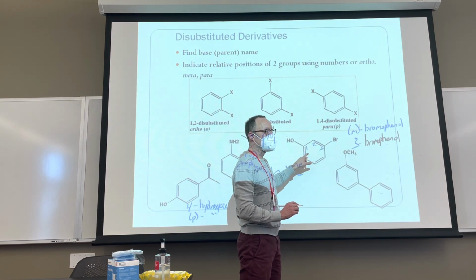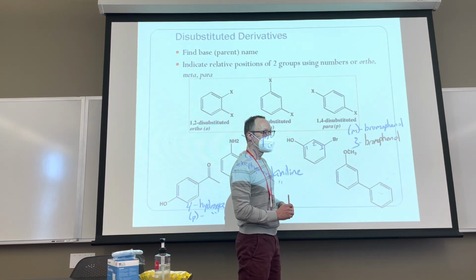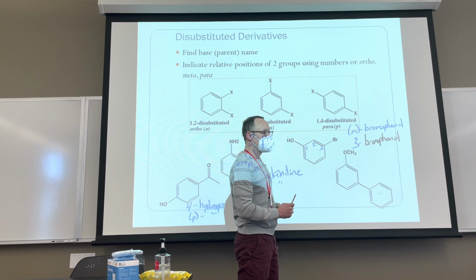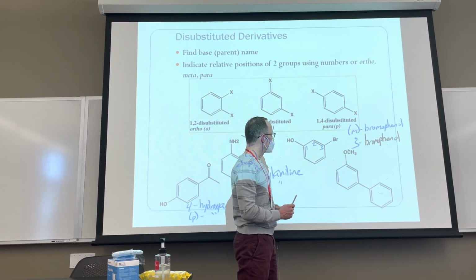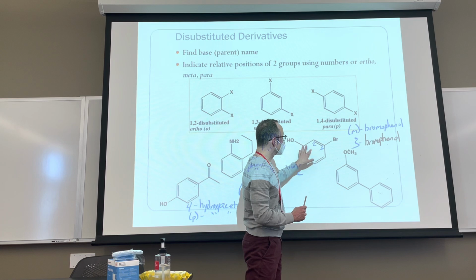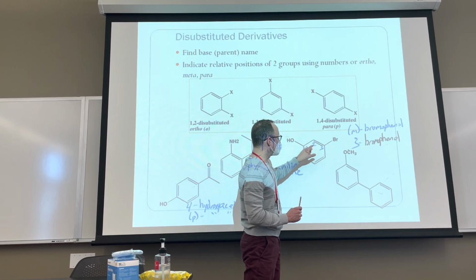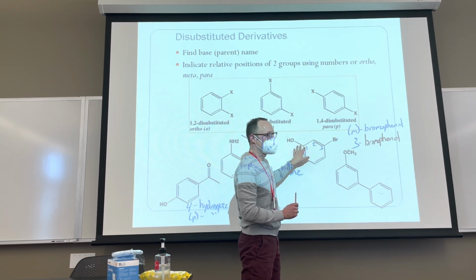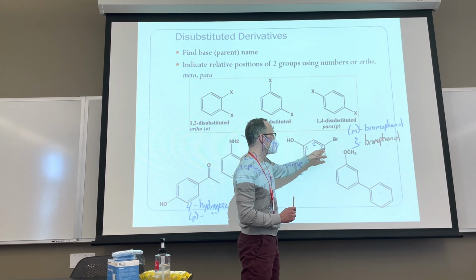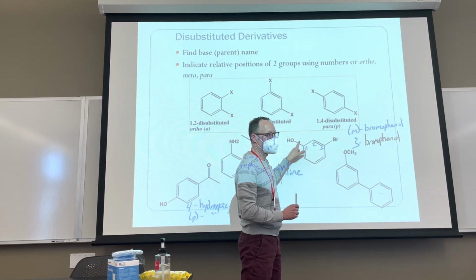So you want to keep your numbers as small as possible. Does the numbering override the direction? No, it doesn't really matter. You just want the numbers to be as small as possible. And so a 1-3 situation is going to be a lot better than a 1-5 situation.